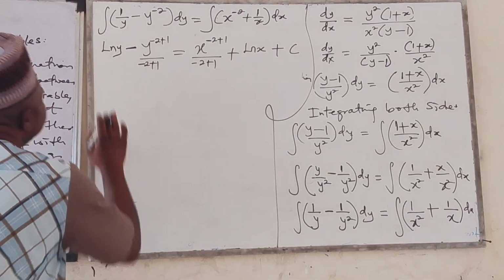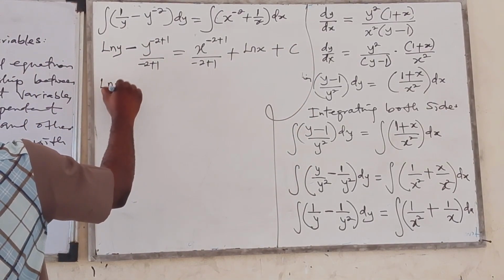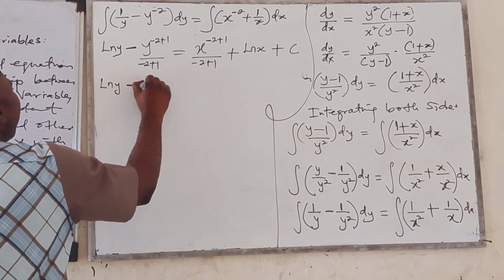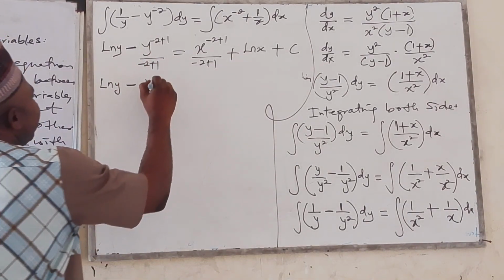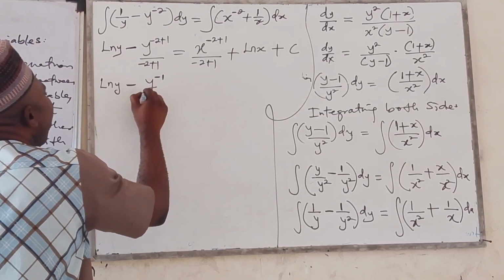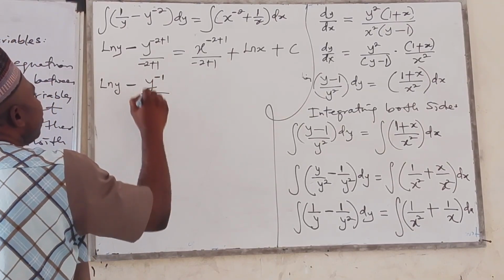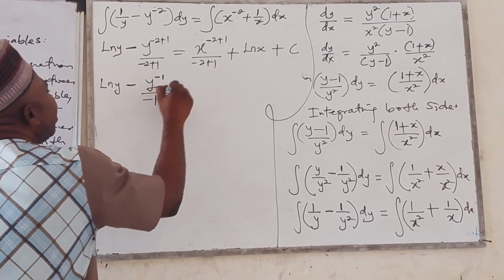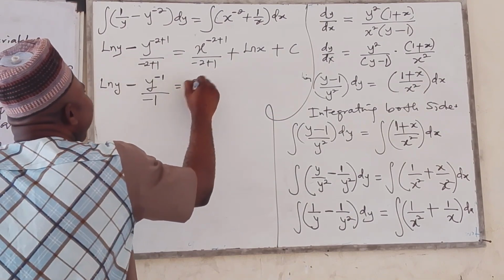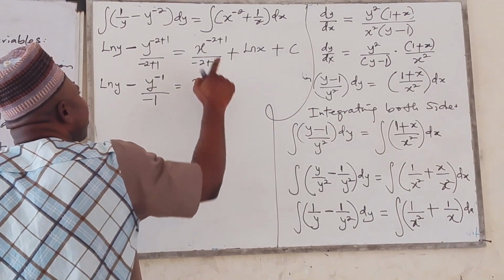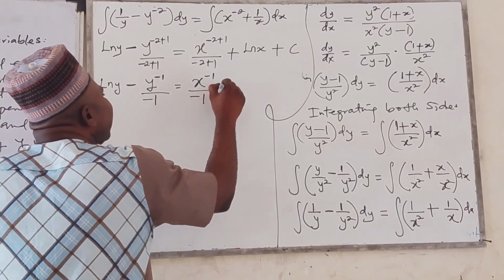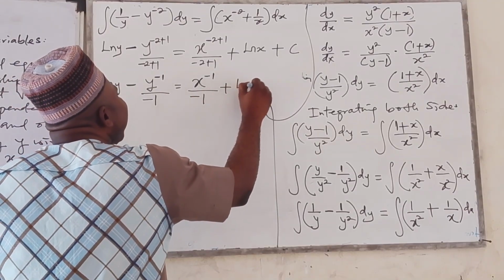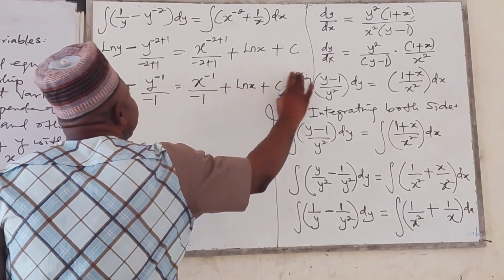So it therefore means that ln y minus y raised to the power of minus 2 plus 1 is minus 1, all over minus 2 plus 1 which is minus 1, is equal to x raised to the power of minus 1, because minus 2 plus 1 is minus 1, all over minus 1. Then here we have plus ln x plus c.